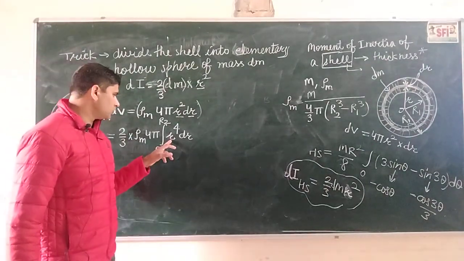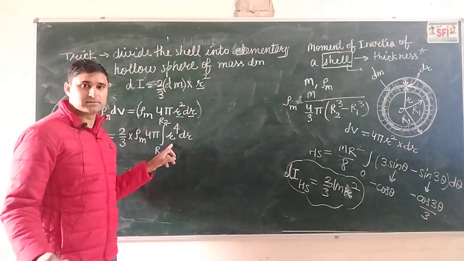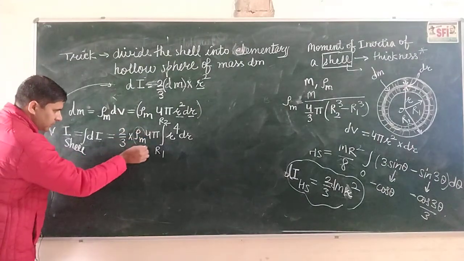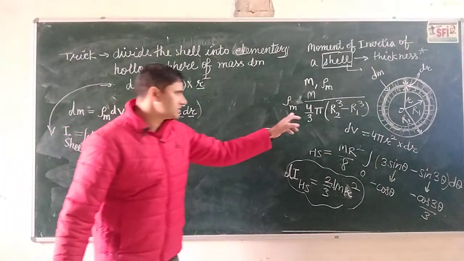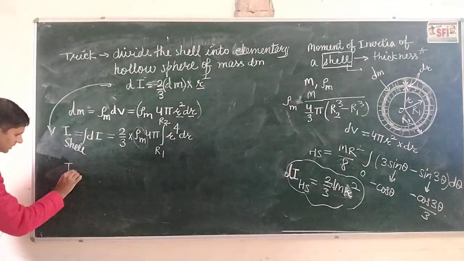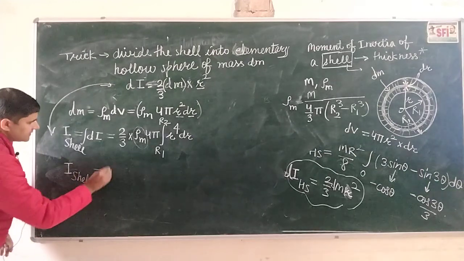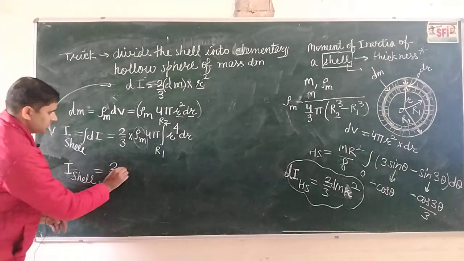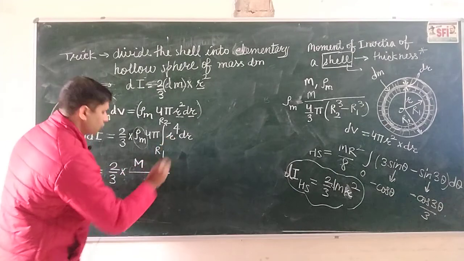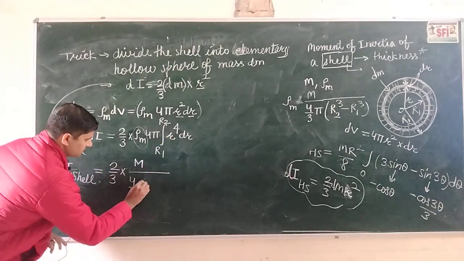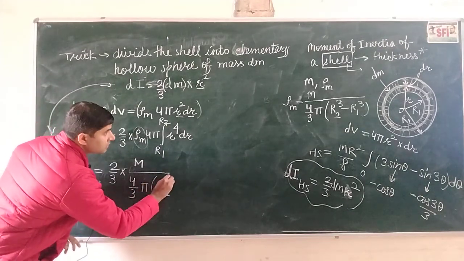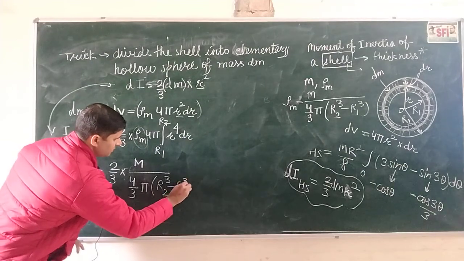So class, here you see, you know the integration of r raised to power 4 is r raised to power 5 by 5. Okay, and you are to substitute the value of rho m, the mass density, which is given here, and simplify it. Then you will get the moment of inertia of the shell equal to 2 by 3 into the mass density, that is the total mass of the shell divided by the volume in which mass is dispersed, that is 4 by 3 pi times r2 cube minus r1 cube.